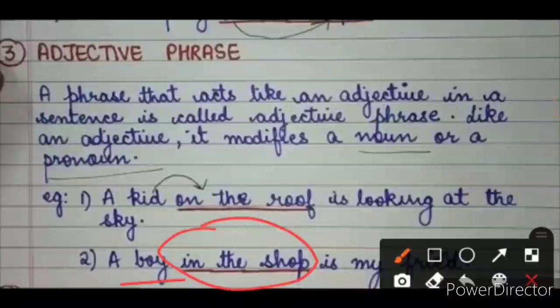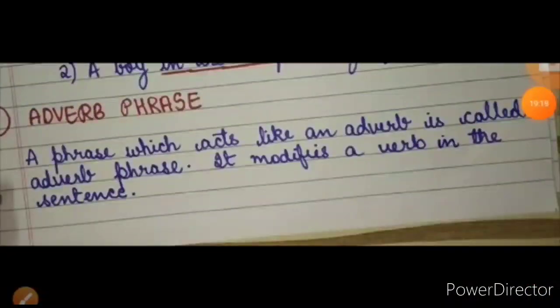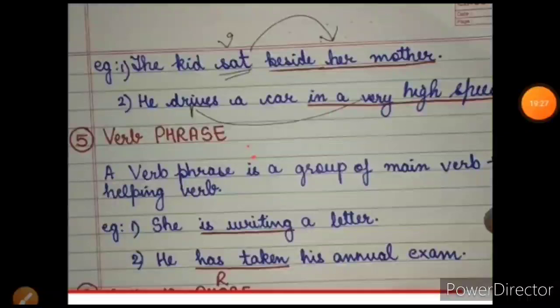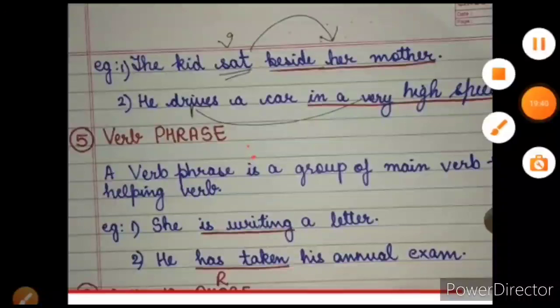Okay, now the next thing is the adverb phrase. A phrase which acts like an adverb is called an adverb phrase. It modifies a verb in a sentence. Here we go. The kid sat beside her mother. The driver drives a car at a very high speed. Now, if you look at these two examples, I told you before that prepositional phrases also work as adverb phrases.